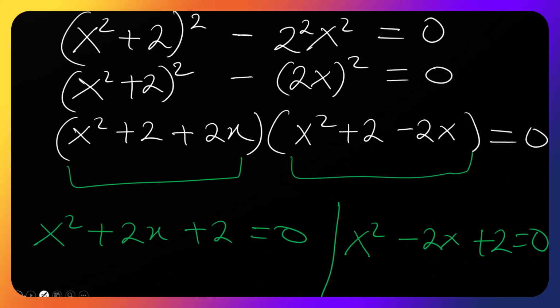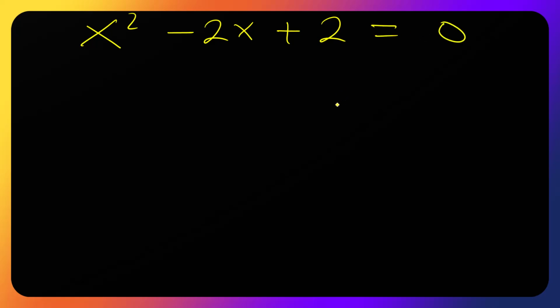Now let's observe the next two solutions. So we have x squared minus 2x plus 2 equal to 0. Okay, so let's go by the method of completing the square again. X squared minus 2x equals minus 2.